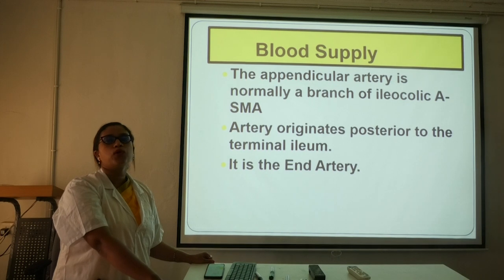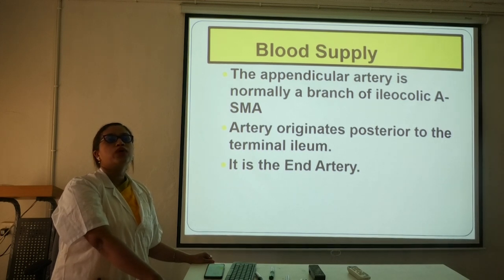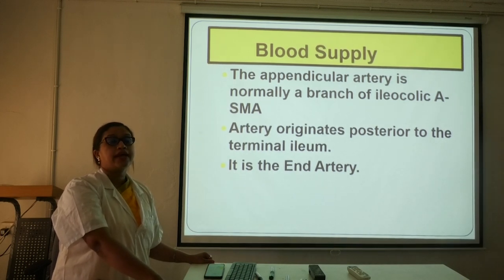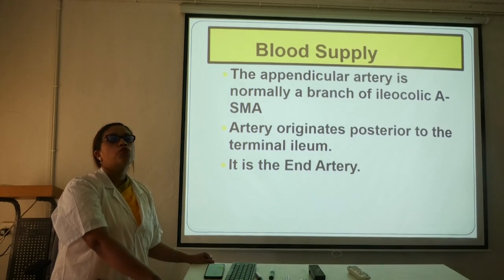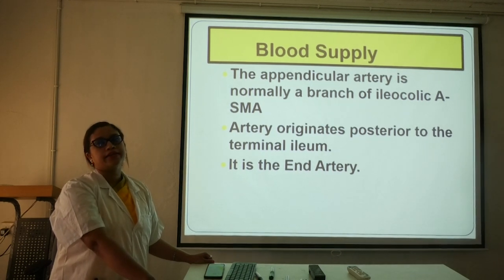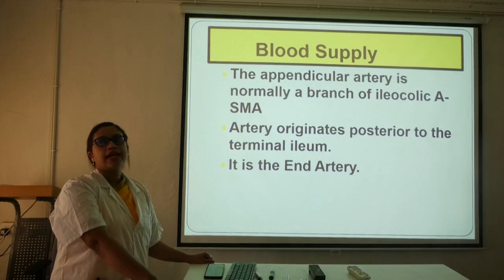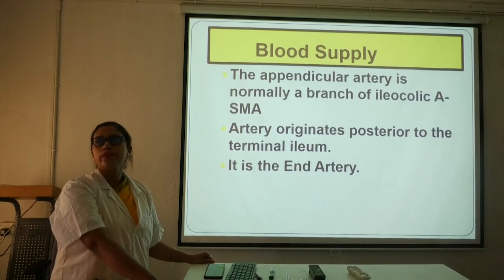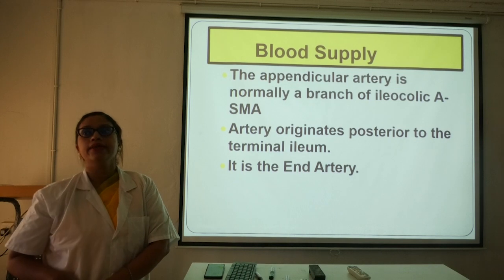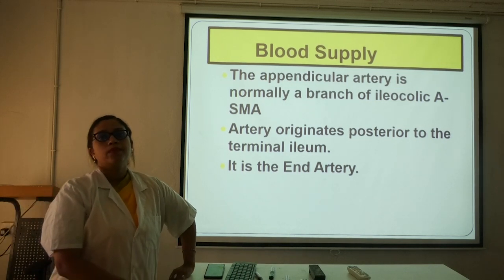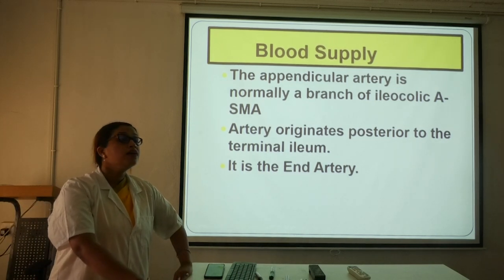Here there is an explanatory note on why appendicular artery is an end artery. Why is it called an end artery? Now who will explain what an end artery is? What is an end artery? We have come across end artery before, right?